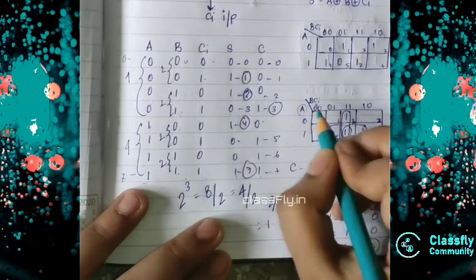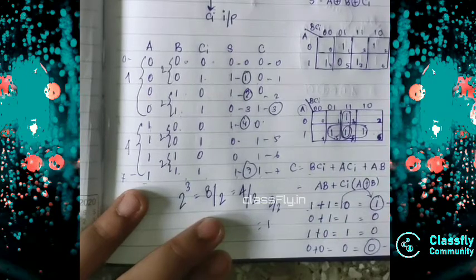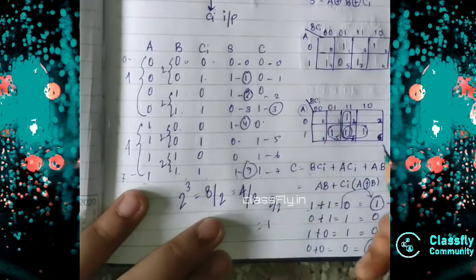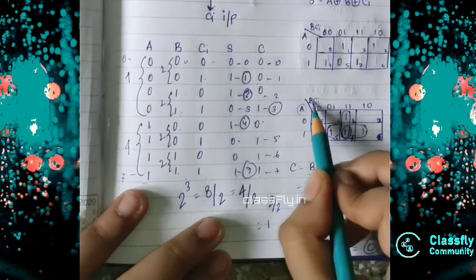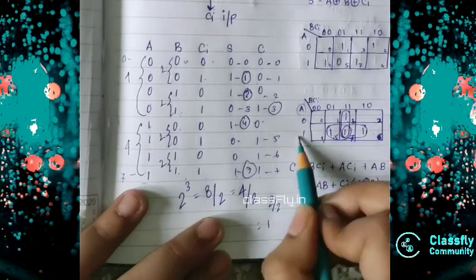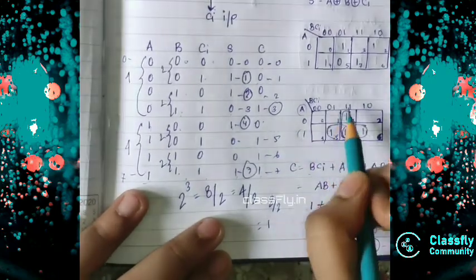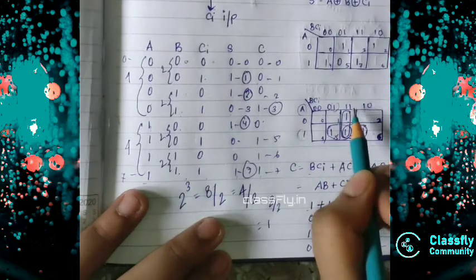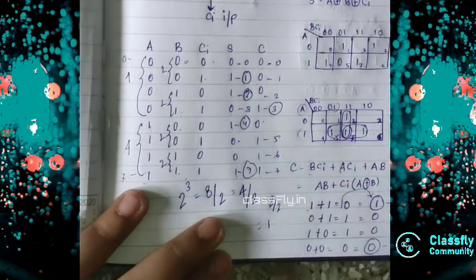So it will be B Ci because for 1 it is non-complemented. Now see for this one, as B is changing from 0 to 1, so I can't write B, but I can write A here. So my A will be A and Ci is not changing, it's 1 and 1, so I will write Ci.